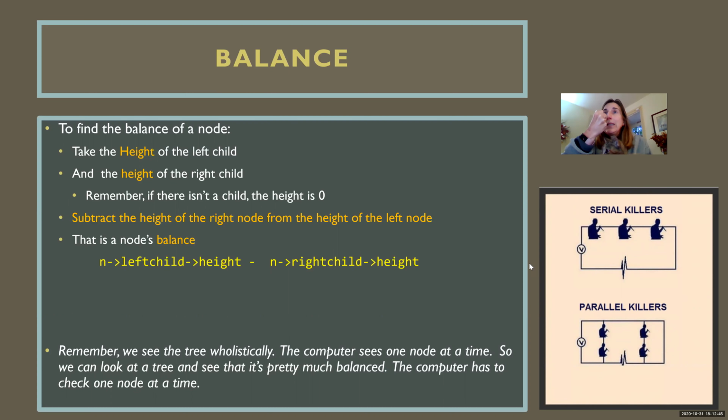And that means, if it's looking at this node, the only information it has is the address of the left child, the address of the right child, the address of the parent, and any data inside that node, okay? So it's nice that we stored the height of each node inside the node itself, because that makes it easier for us to calculate the balance of each node.